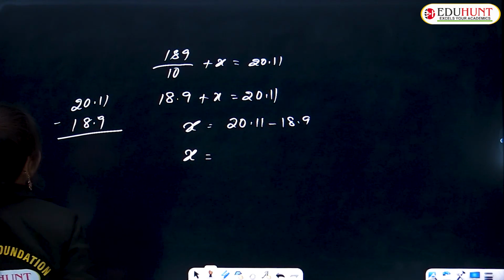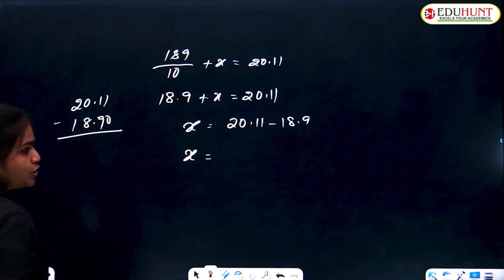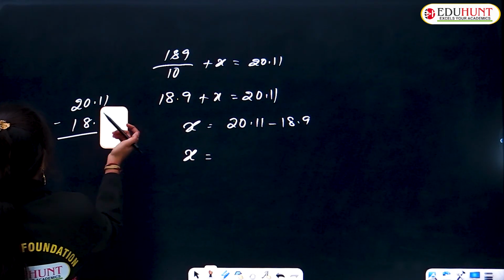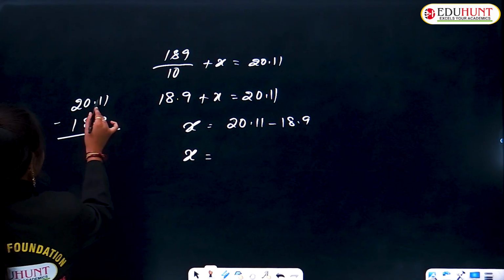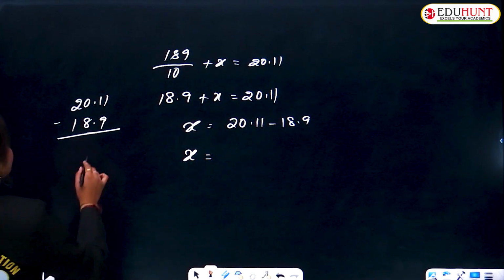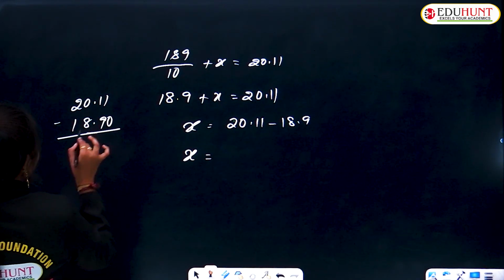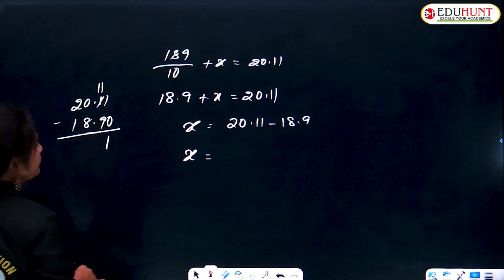How to take the difference? 20.11 minus 18.90. 1 minus 0 is 1. And here, 11 minus 9.